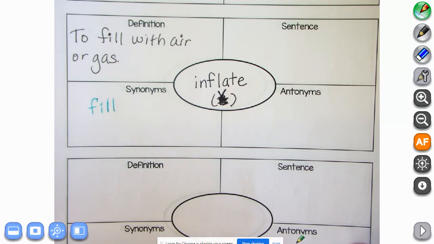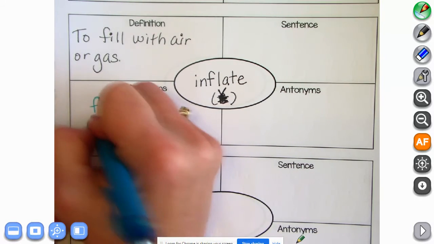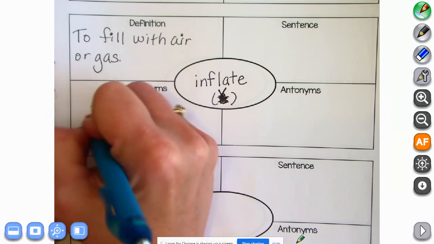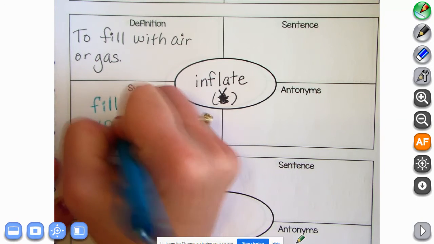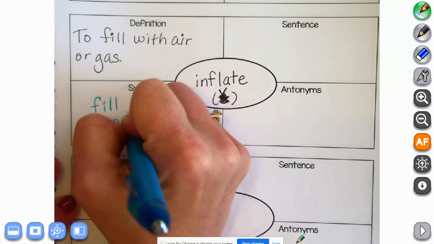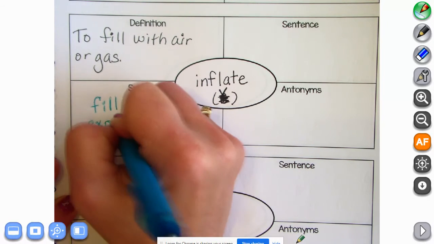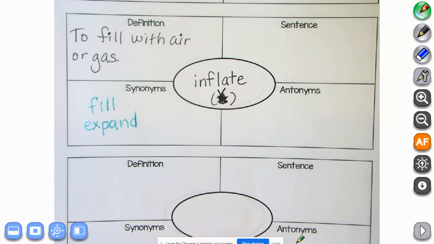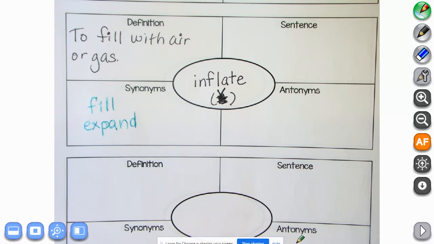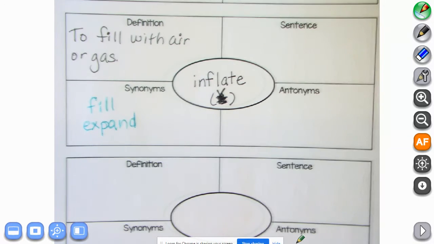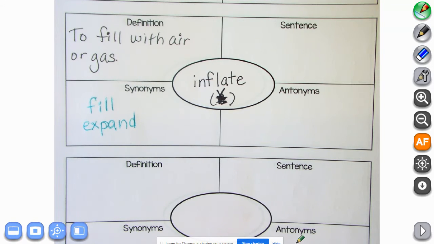Another one would be expand. E-X-P-A-N-D. Expand. And when you're inflating something, it will expand. Like the balloon will expand. It will fill. The opposite would be to deflate.